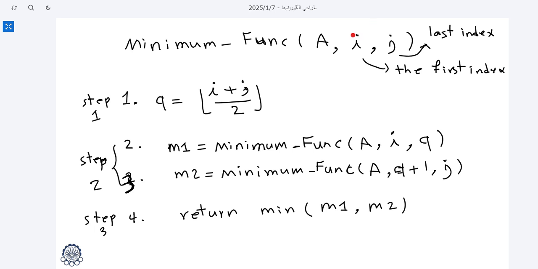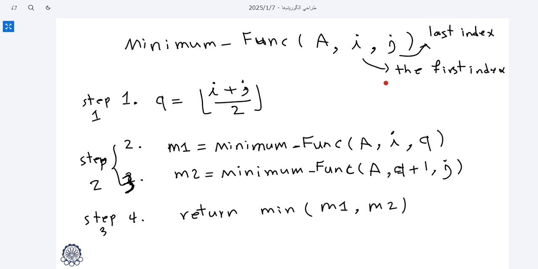At first, we have an array with the first index i and the last index j. Then it is divided into two smaller parts, and recursively that part is also divided into smaller ones, and so on.